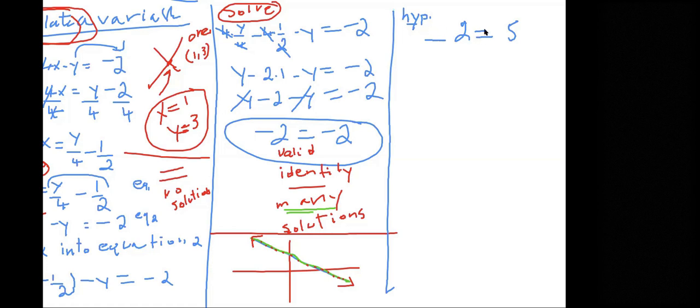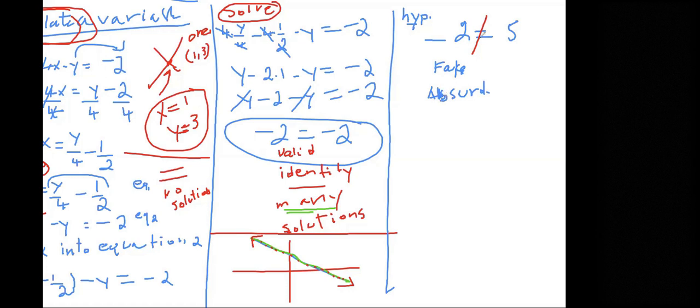So this statement is invalid. -2 is actually not equal to 5. It's what we call in math an absurd statement. Not true. Invalid, or false, as you said. Or also absurd. Something along those lines, right?